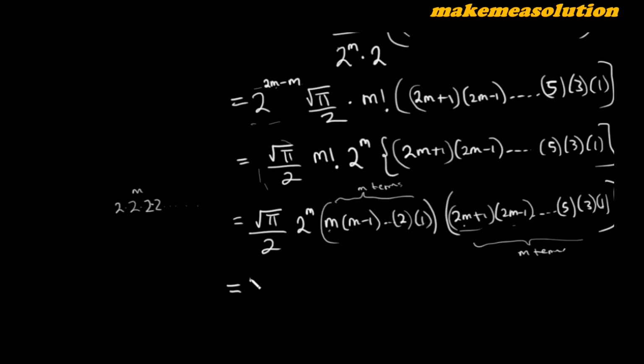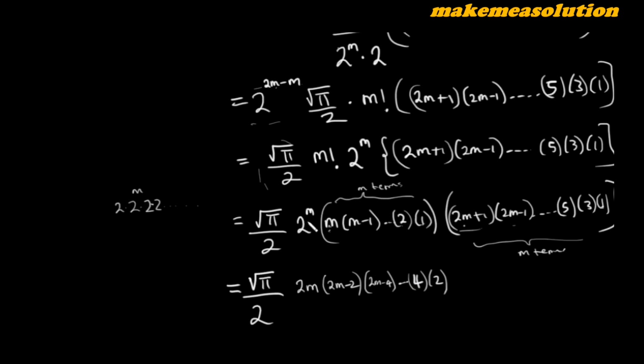So the reason why we need to spread 2 is in this next step over here. When we spread 2 m times, we are going to use each of the 2's to multiply one m. So one 2 will multiply the first m, giving you 2m. Another 2 will multiply the next one, to give you 2m minus 2. Another one will multiply the next one, maybe it will be 2m minus 4, and it will keep going until instead of us getting to 1, we will now have 4 and 2. Is that okay?